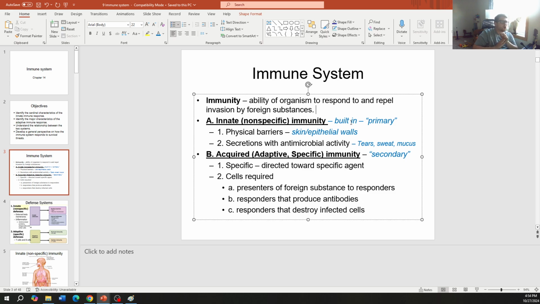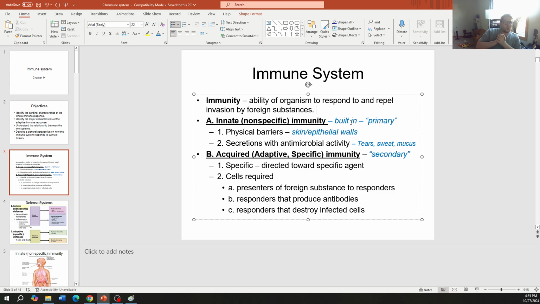Then we have our acquired, also known as our adaptive or specific immunity. Backing up one second, innate is called non-specific because it doesn't pick out specific things. It tries to block everything that tries to come in.